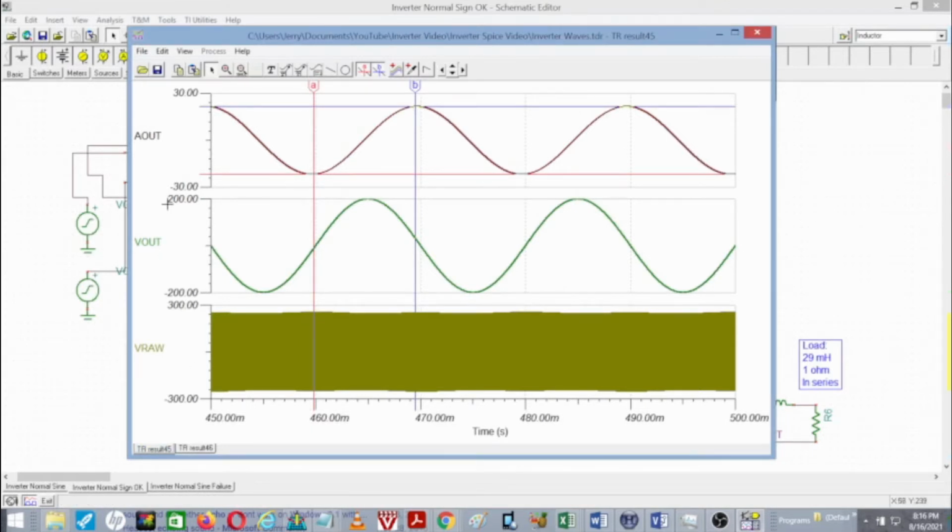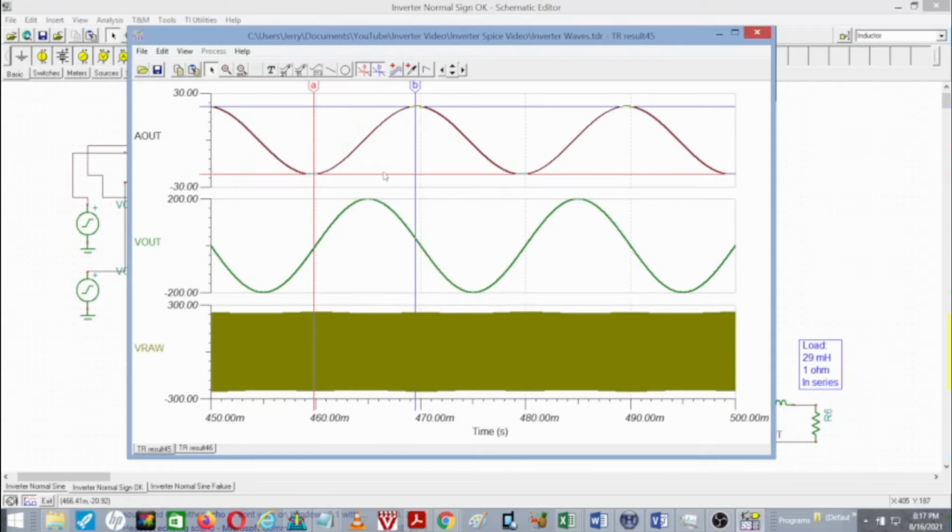And what you can see in this waveform display is, first of all, let's look at the voltage output, which, as advertised, is a clean sine wave output, going from about minus 200 to plus 200, which is a little bit high, and the current is going from plus 30 amps to minus 30 amps, and there's a little bit of phase shift in there.